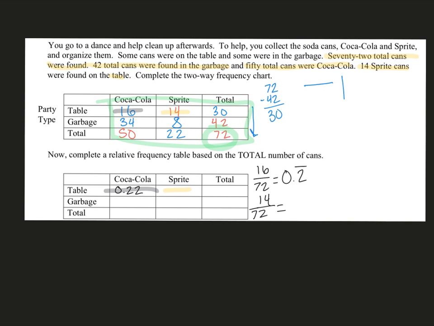So 14 divided by 72, I get 0.194, and the 4 is recurring. To round that to the hundredths, it would be 0.19. I'm going to go ahead and do all of the rest. You guys can pause and practice as well, and then come back to the video to check your answers.